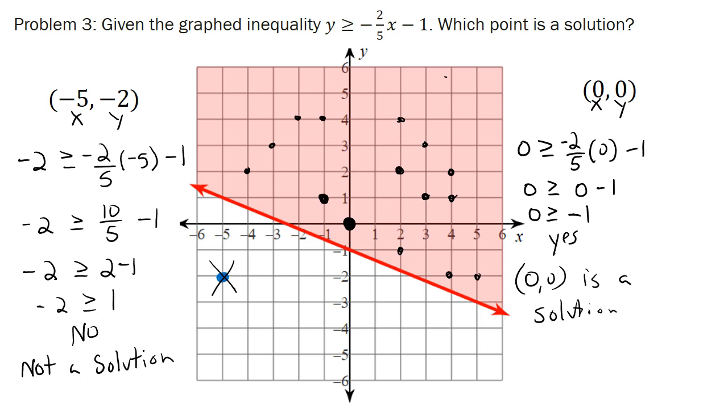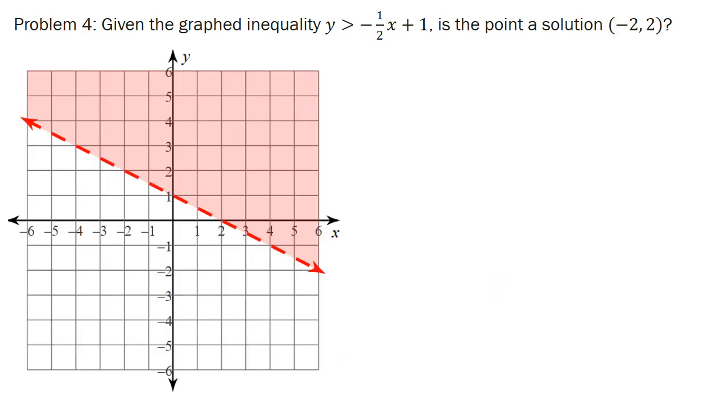Below the line, you see it's not shaded. That would be like the point (-5, -2). Those points would not be solutions. That's why they're not shaded. Inequalities have millions upon millions of answers. We have to use shaded areas to represent those points because we can't plot all of them.